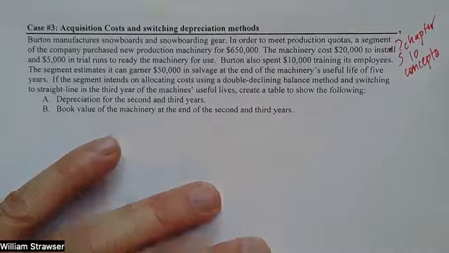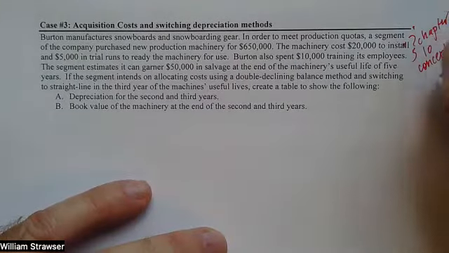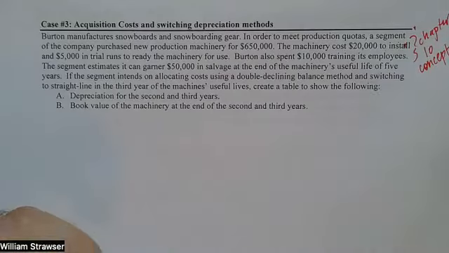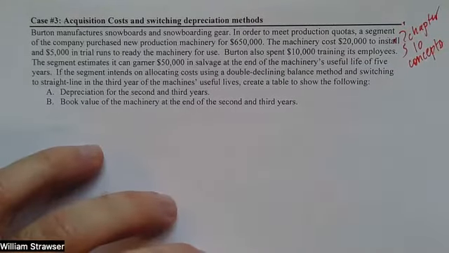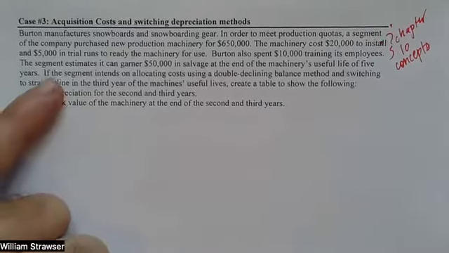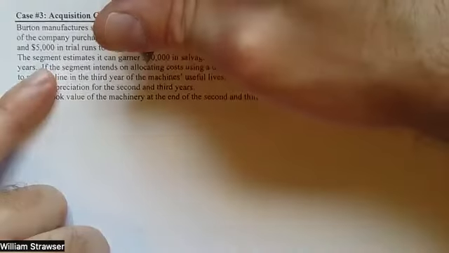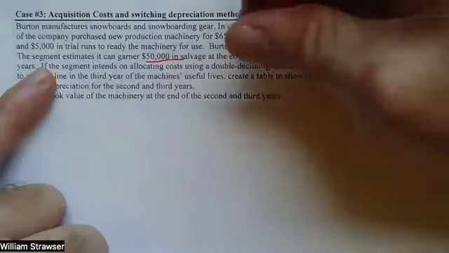Do I expense it? That will essentially establish what the acquisition cost of this item is for the company. And then it goes into the information in chapter 11. We can get $50,000 in salvage at the end of the machinery's useful life of 5 years.